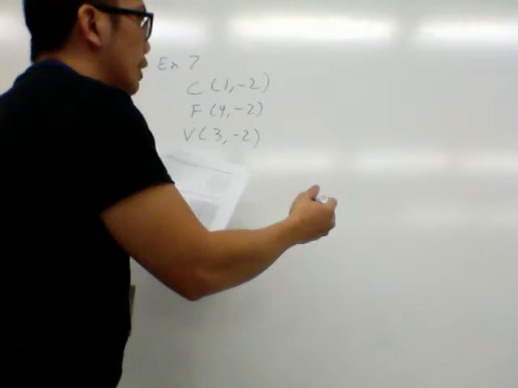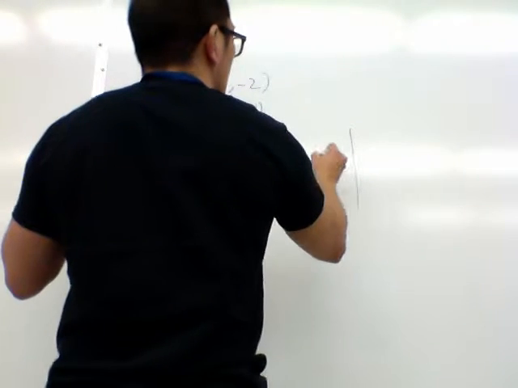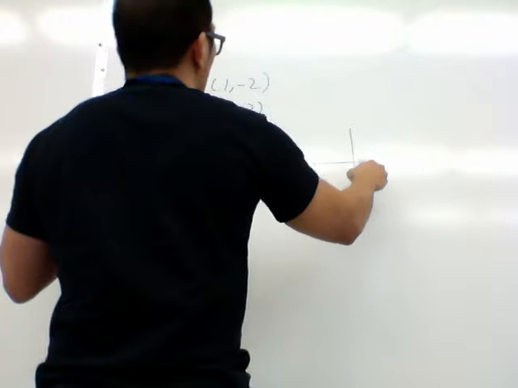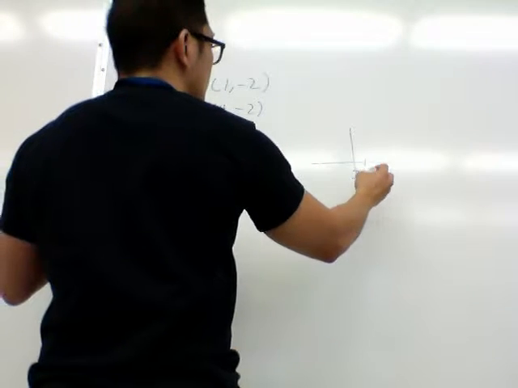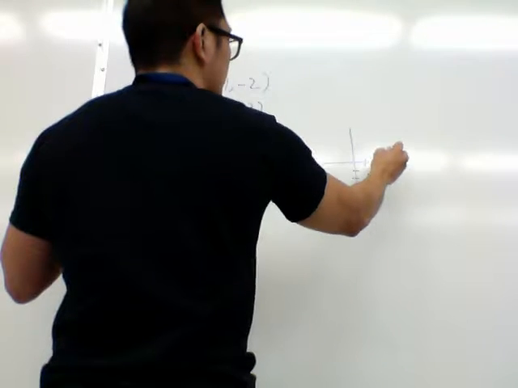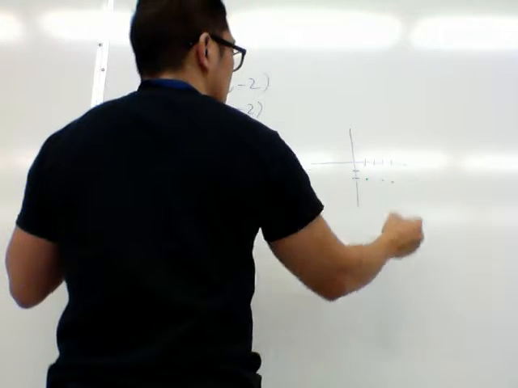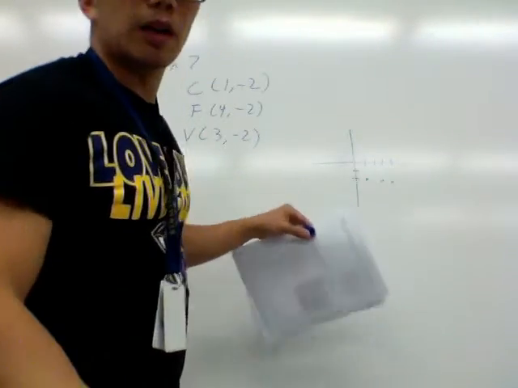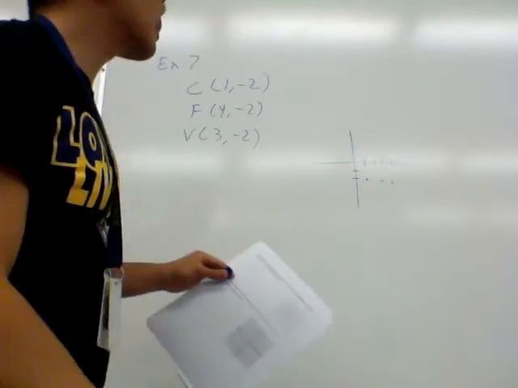Well, you have a graph here. So on your graph, you should see that my center is at 1, -2, my focus is at 4, -2, and my vertex is at 3, -2. So I know that my transverse axis is parallel to the x-axis.